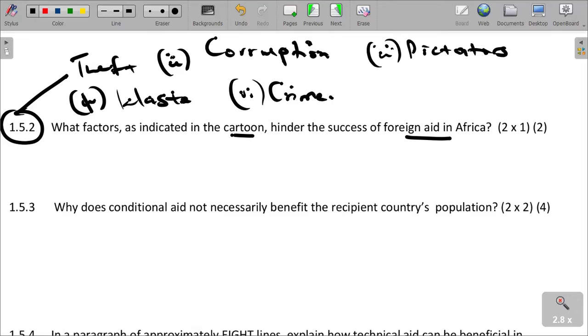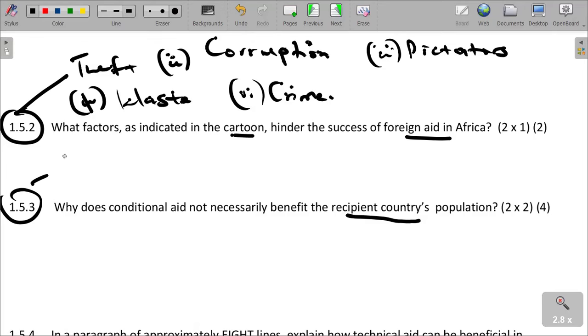And then the next question is saying, why does conditional aid not necessarily benefit the recipient country's population? Number 1.53. We are given that the people of the country do not benefit from the conditional aid. Why is that so? What causes that? One, it is because of a hidden agenda from the donor which may not be beneficial.